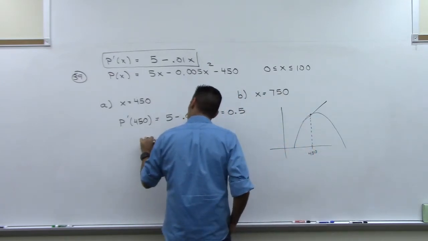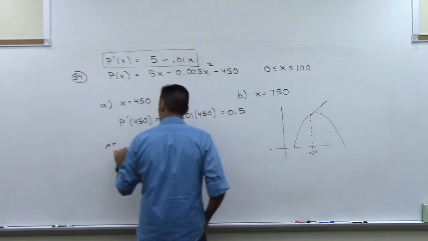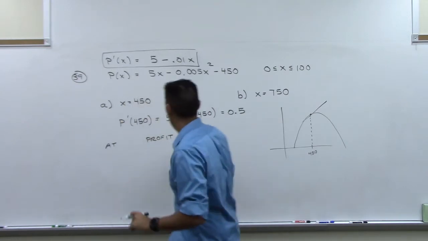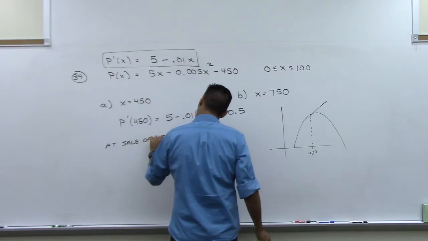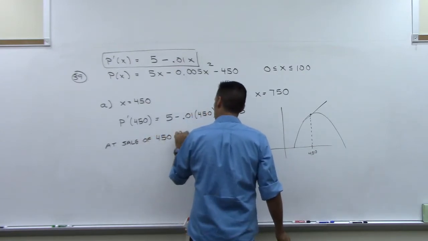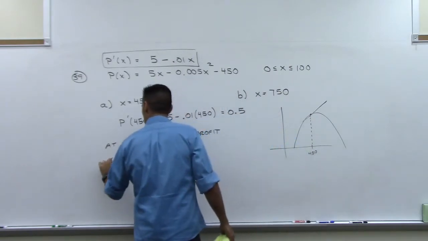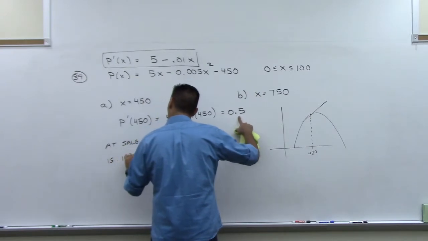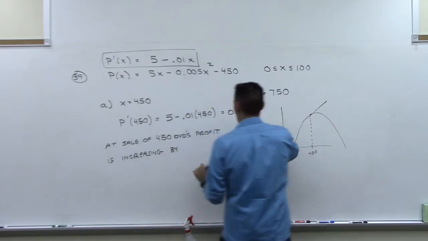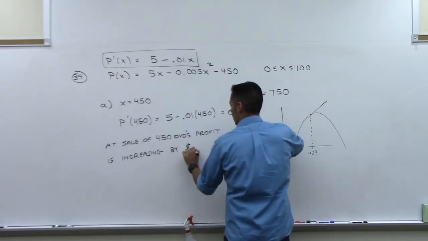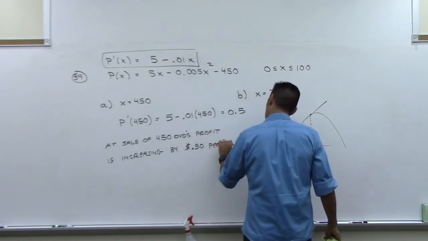This would mean profit, I should say, at a sale of 450 DVDs, profit is increasing because it's a positive number by, and remember this is in dollars, so that's 50 cents per DVD.